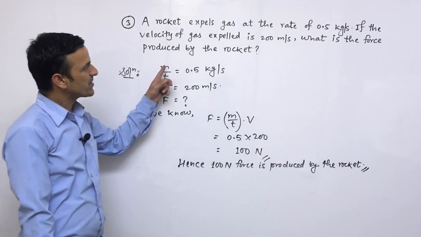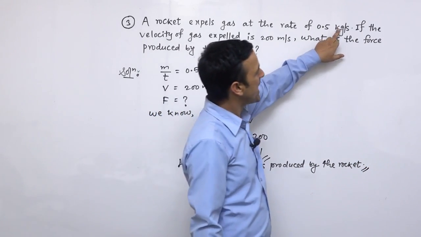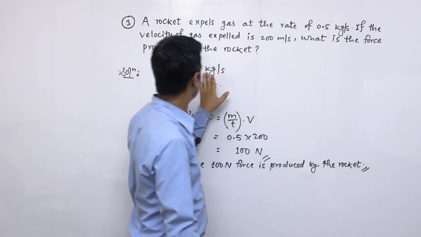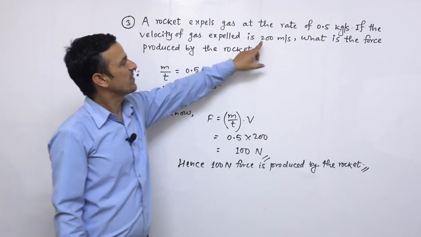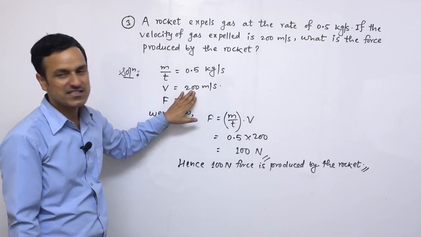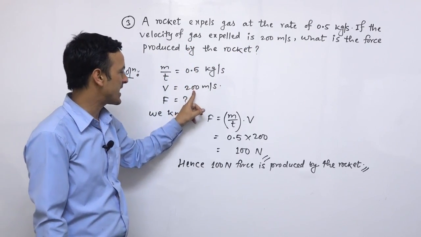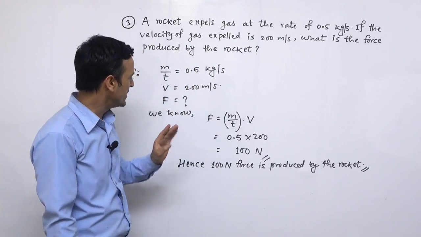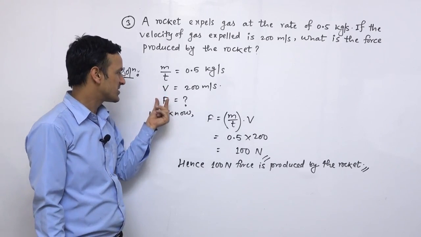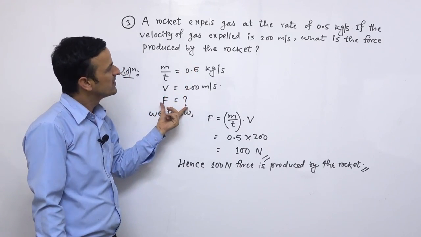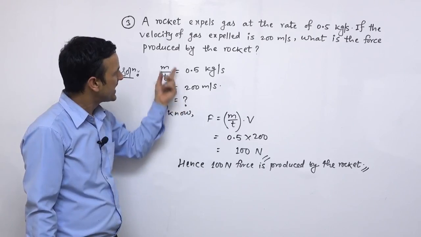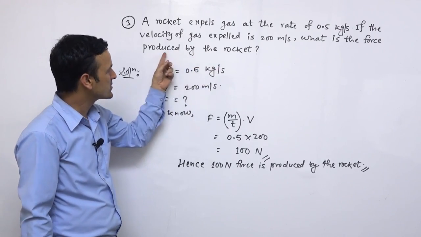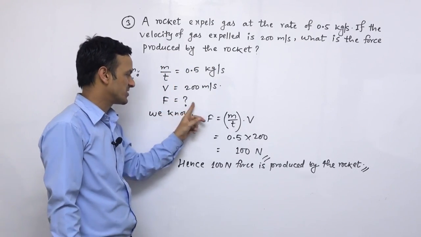So in this way, mass per second is given, and final velocity is given, but it starts from rest, so u is equal to 0 here and we do not need to show it in this step. Force is what we have to find.